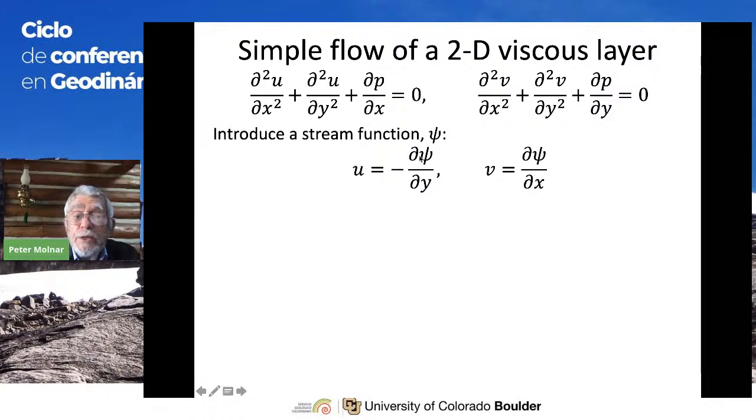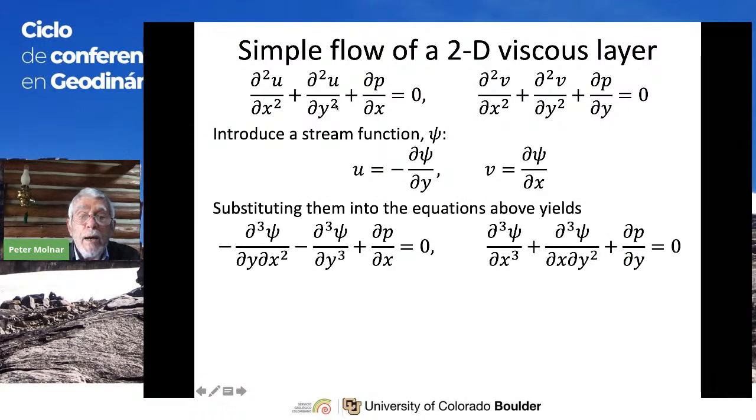So if we plug this into this equation, if we plug u in as the partial with respect to y, clearly we're going to get a partial with respect to y up here. These are third derivatives, and this will be the third partial derivative in the y direction. In this term, both of these are minus because that minus sign is there, but the pressure gradient hasn't changed.